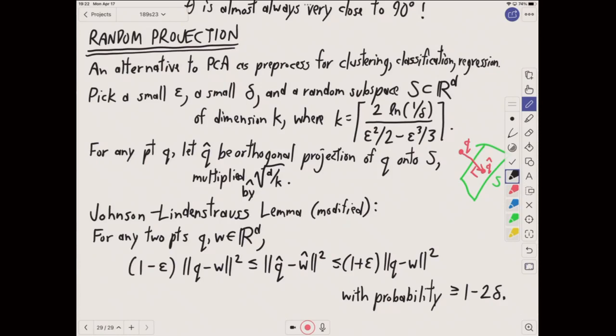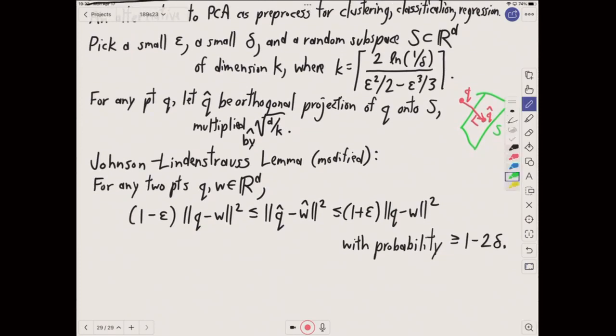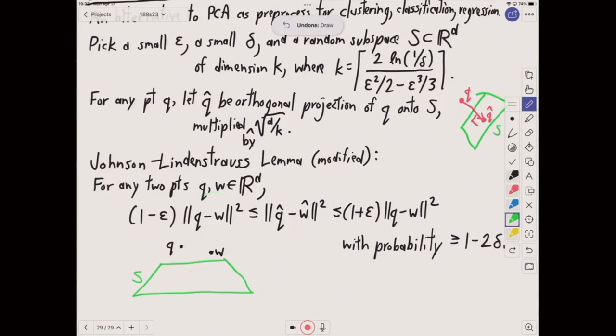Let's try to break this down a little bit. What this is referring to is you've got a random subspace that you've chosen. You've got a couple of points, Q and W. And so this Q minus W squared is referring to the distance between those 2 points squared.